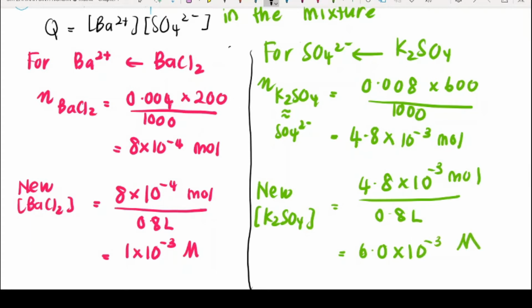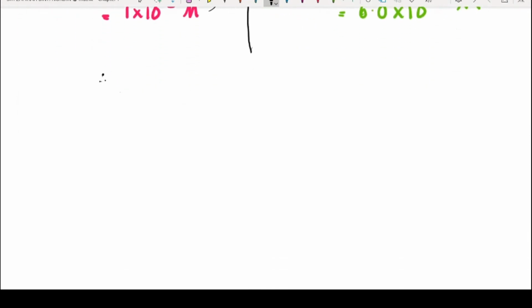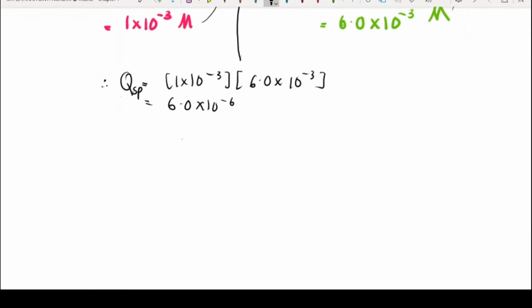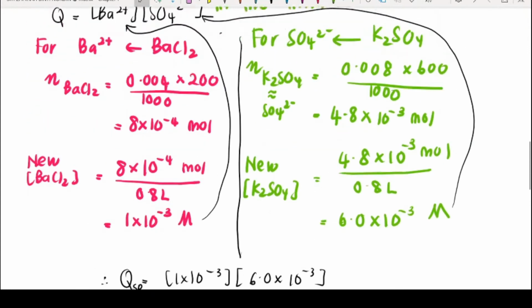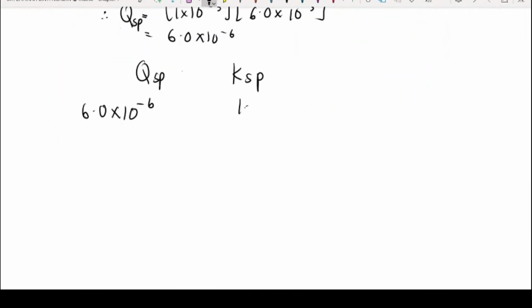Now we're going to substitute all this information into your Q. Okay, so lastly, we are able to find our Q as the multiplication of your cation and anion. So we found our Qsp. Now we need to compare it to our Ksp. So where is our Ksp? That would be 1.1 times 10 to the power of minus 10.